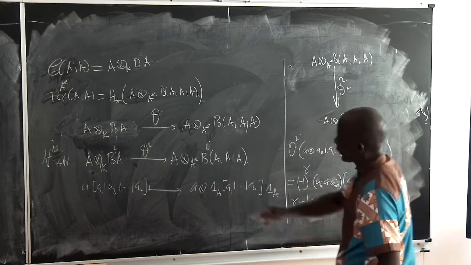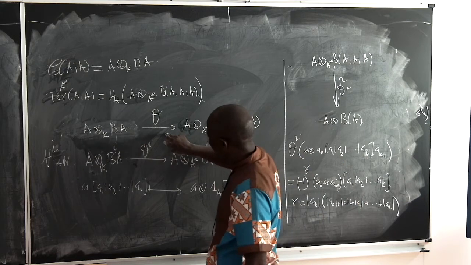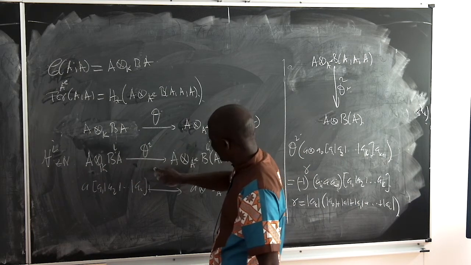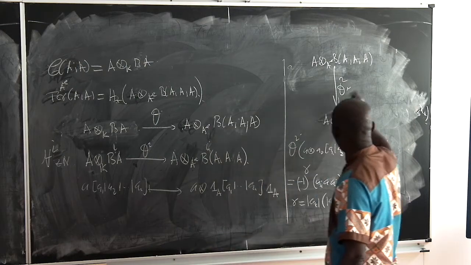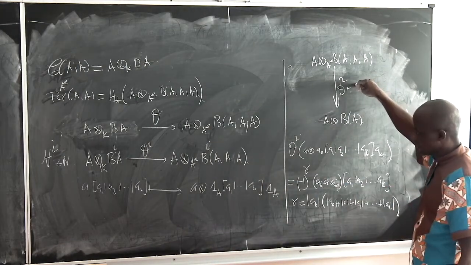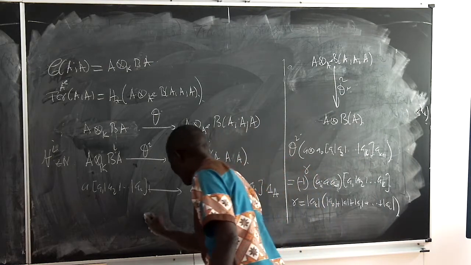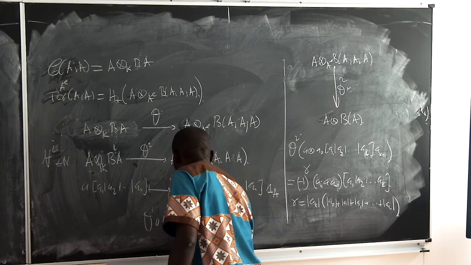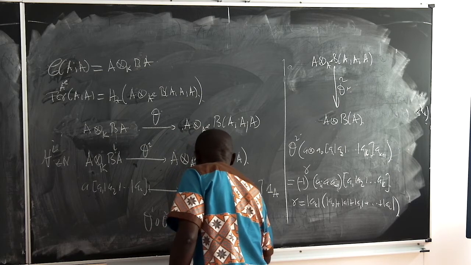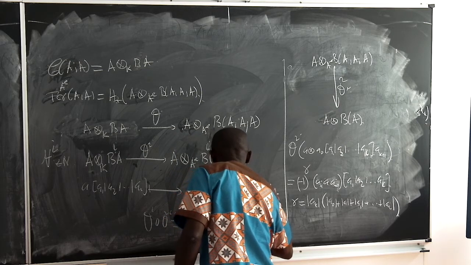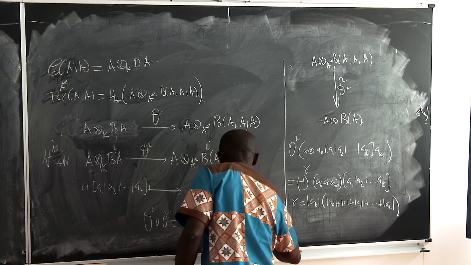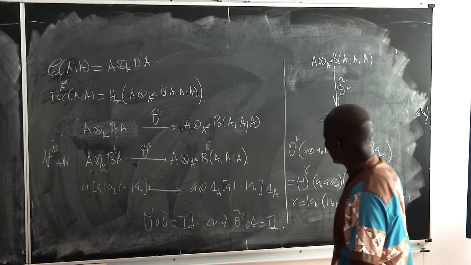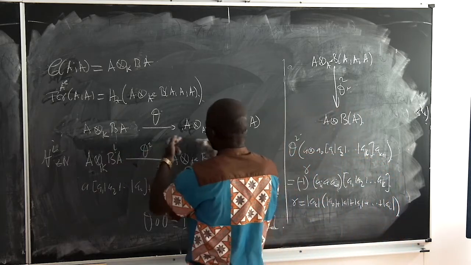So the map defined here, at each degree we have this map. The restriction of this map is defined like this, and the inverse of this map is exactly this. We can compute easily that theta I composite by theta tilde I is equal to the identity, and theta I tilde composite by theta is equal to the identity. So there is a bijection between these.